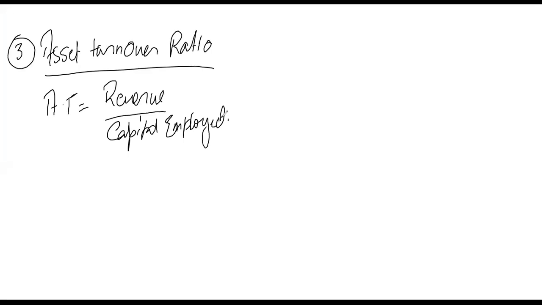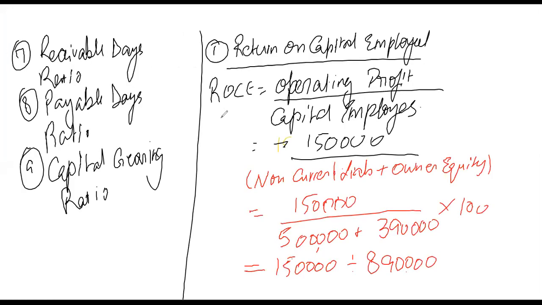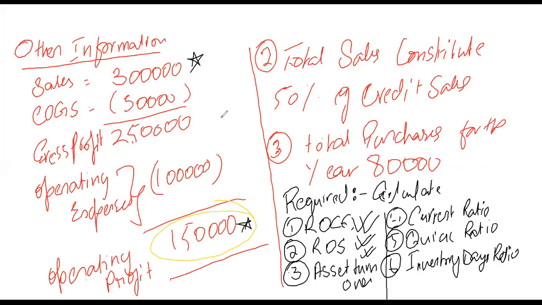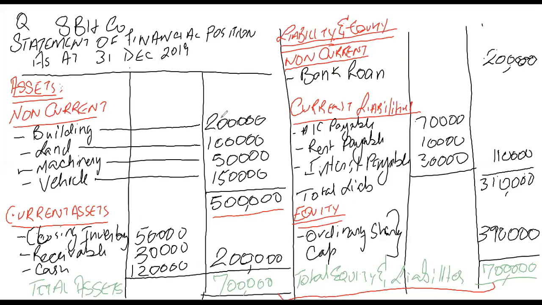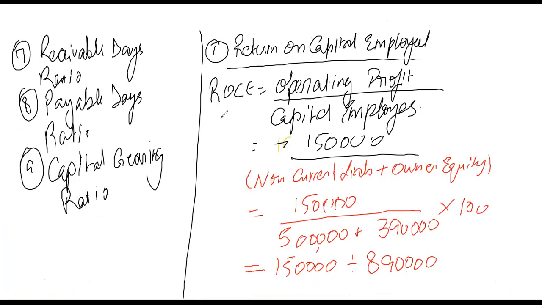Okay. So the revenue of the company is, I guess, 3 lakh rupees. Yes, 3 lakh rupees is the revenue of the company. And the capital employed amount, we have calculated, is 8,90,000.